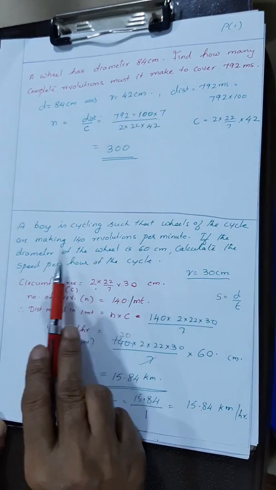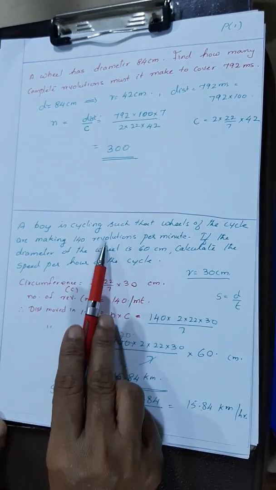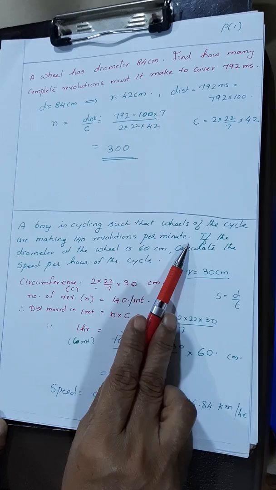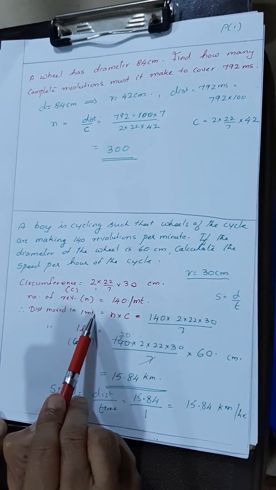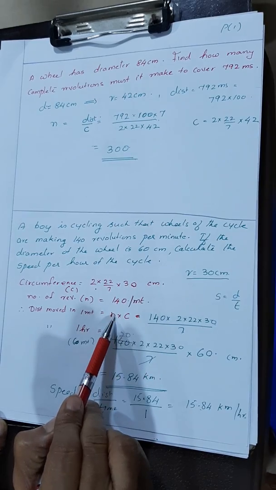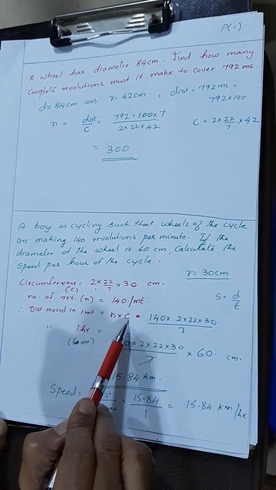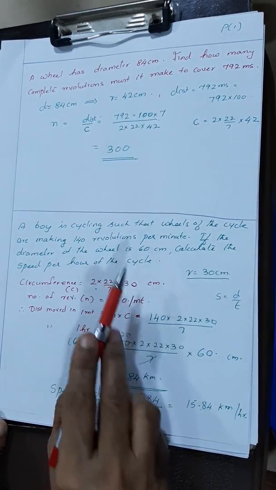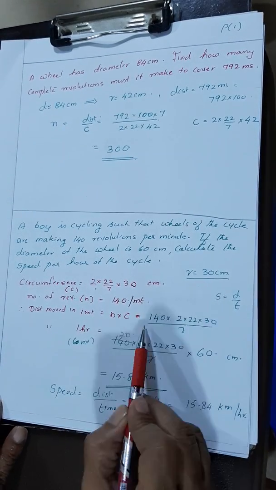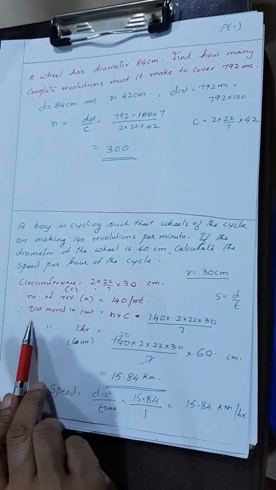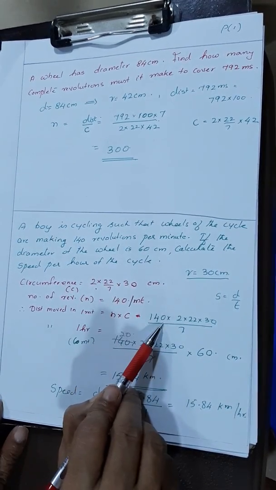The revolutions are 140 per minute, so the distance moved in 1 minute will be number of revolutions into circumference, the formula that we did earlier.